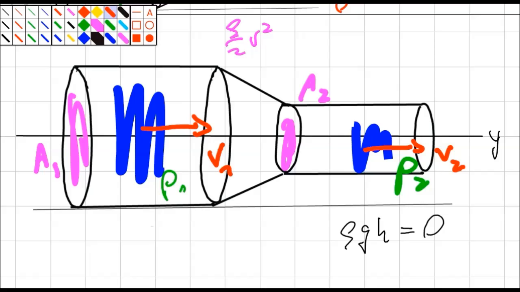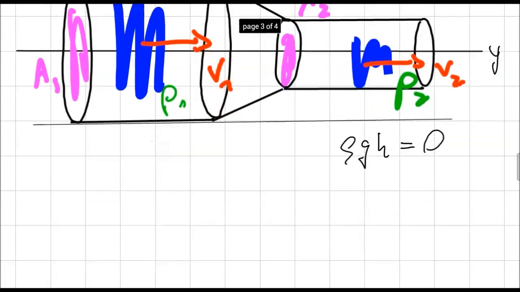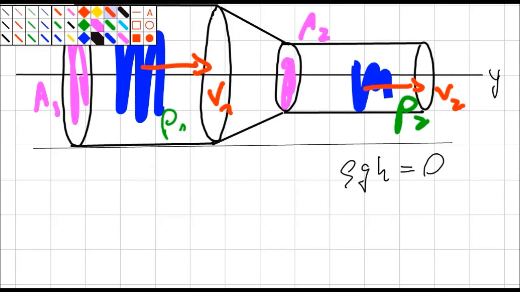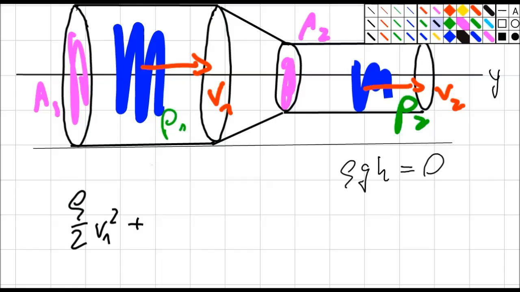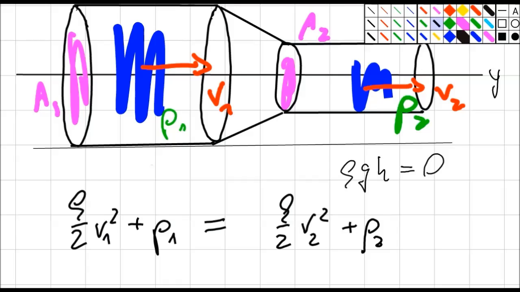So now, following Bernoulli, we can say that in this position here, rho half v1 square, the kinetic part of our equation, plus the pressure 1, and plus rho gh is 0, we can skip, equals the one on the right hand side, where there is rho half v2 square plus p2. Now we established that v1 is smaller than v2.